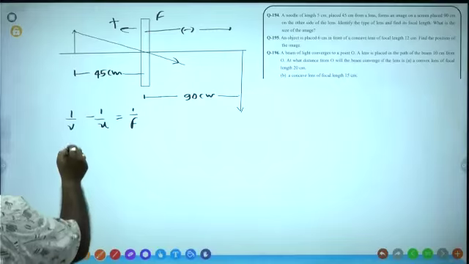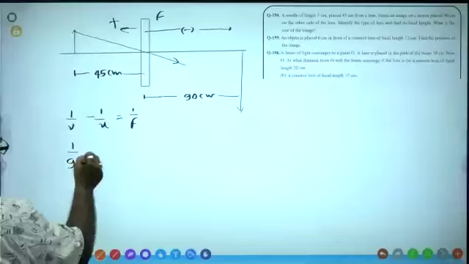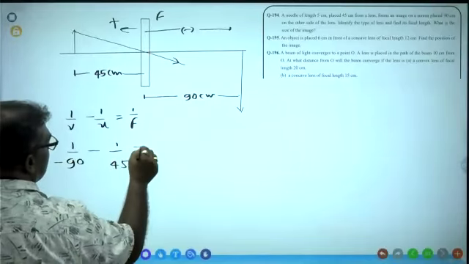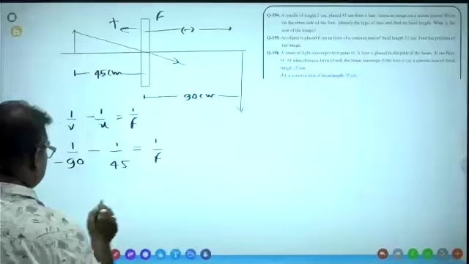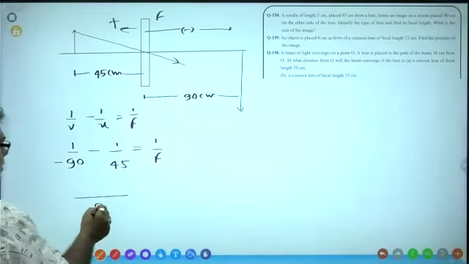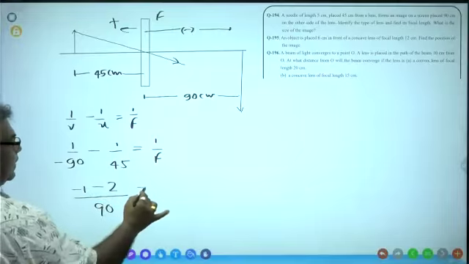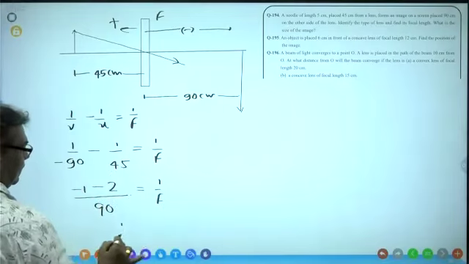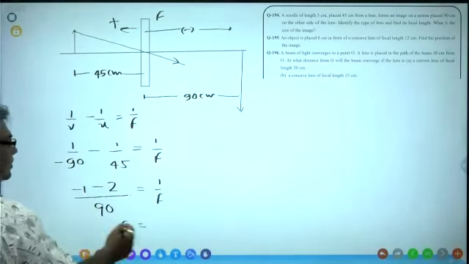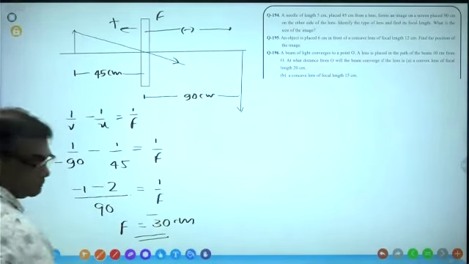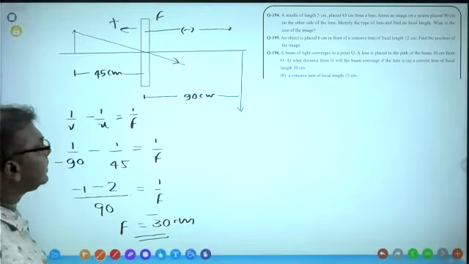Okay. 1 over V, 90, minus 1 over U, 45, 1 over F. Common denominator, 90 minus 1 minus 2, right? Equal 1 over F. F becomes 90 over 3, 30 centimeter. Easy.